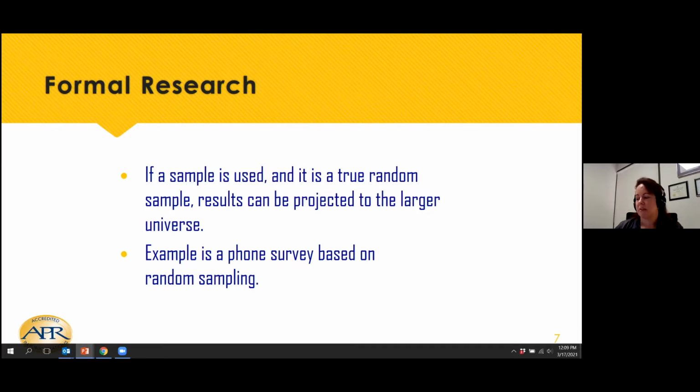An example is a phone survey based on random sampling. You hear a lot about this with politics, right? Political surveys, a lot of times it's a phone survey and they call a sample of people that is a statistically valid sample, and then they project that out. So Jay, why don't you give us an example of when you used formal research?